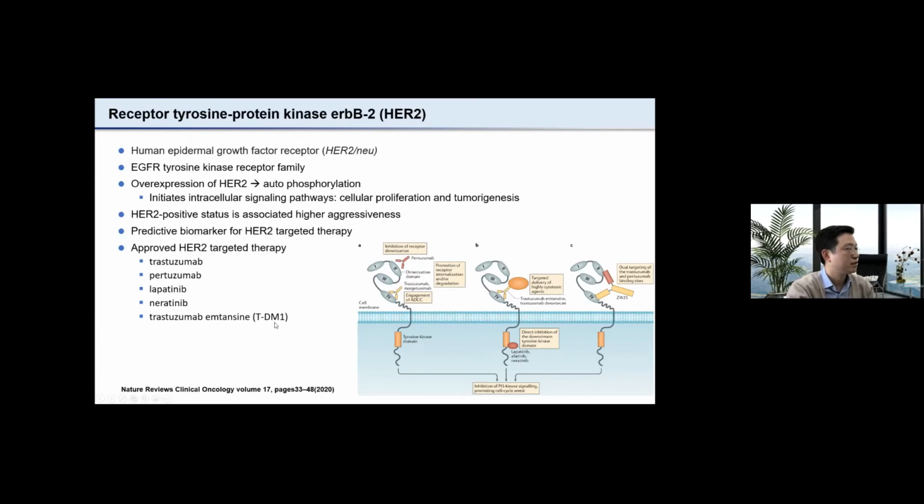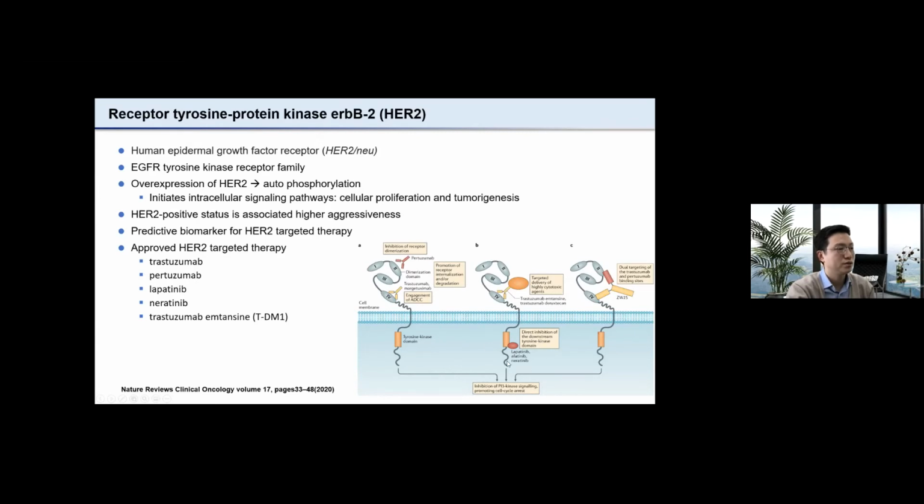And this is an antibody drug conjugate, which means a cytotoxic drug is conjugated to the antibody to give additional damage to the cancer cells. This is the approved TDM1. And you can see the site that binds to it. Pertuzumab and trastuzumab bind to the extracellular domain of HER2.